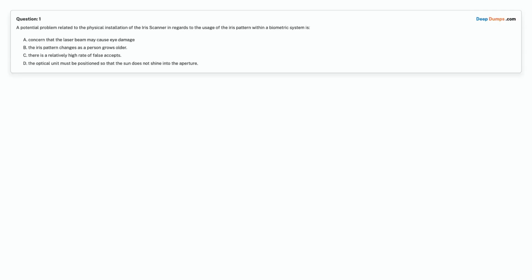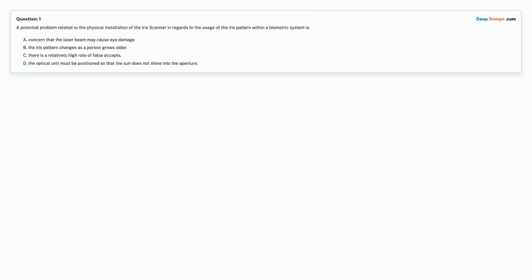Question 1. A potential problem related to the physical installation of the iris scanner in regards to the usage of the iris pattern within a biometric system is Option A. Concern that the laser beam may cause eye damage. Option B. The iris pattern changes as a person grows older.